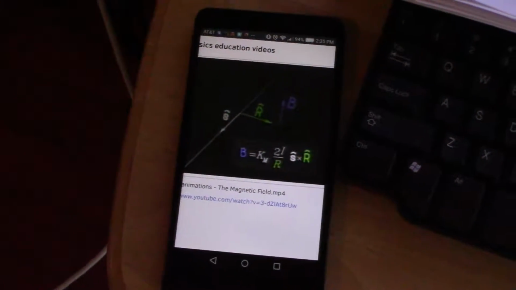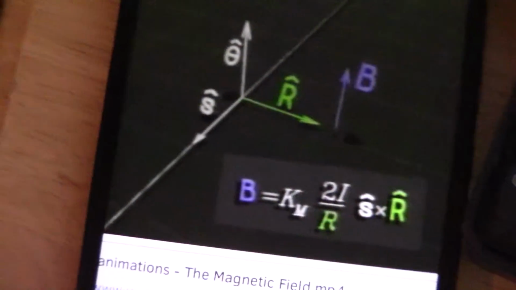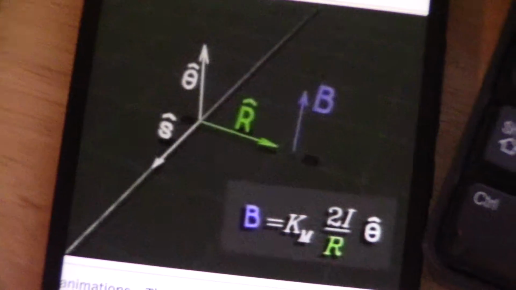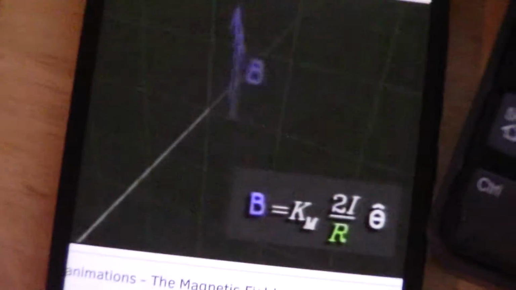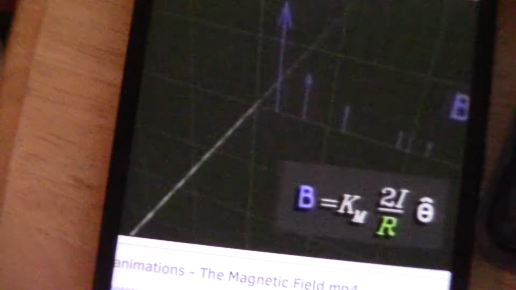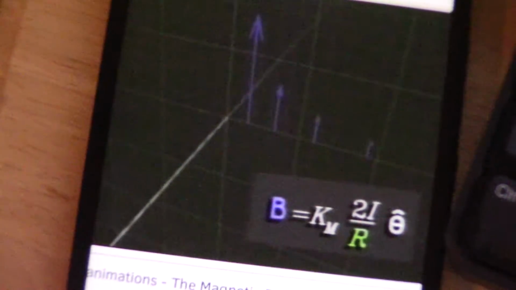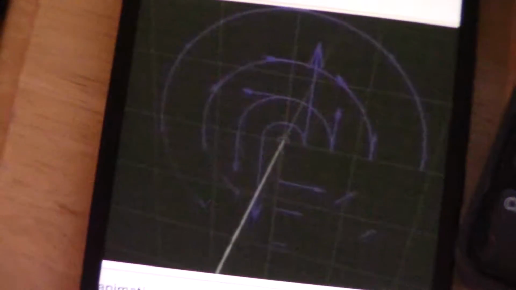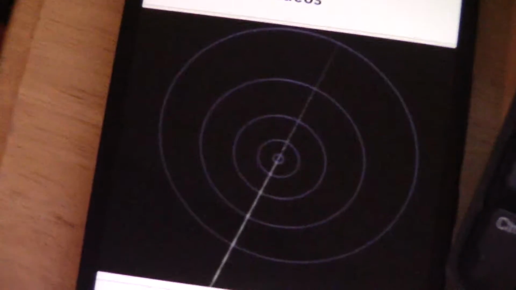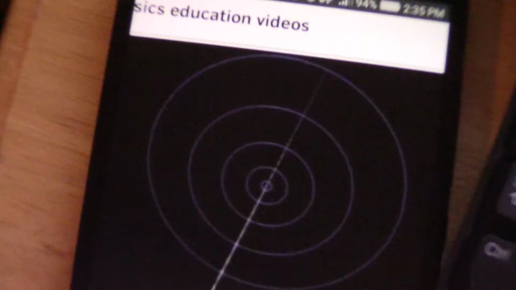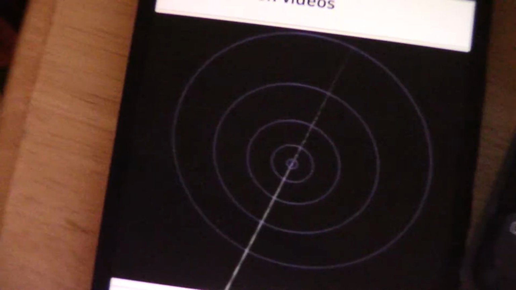The field, due to current flowing in a long straight wire, is always perpendicular to the wire and decreases as the inverse first power of the distance from the wire. The net result is a field that goes in circles. The lines of force are circles concentric with the wire, and the field is the same all the way around each circle.